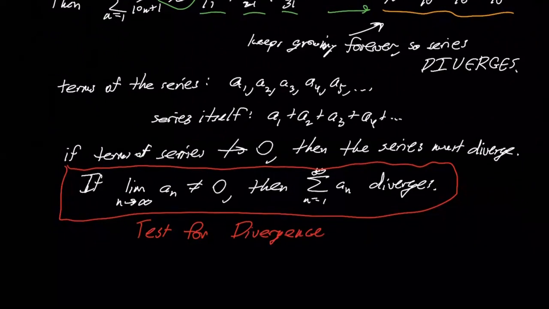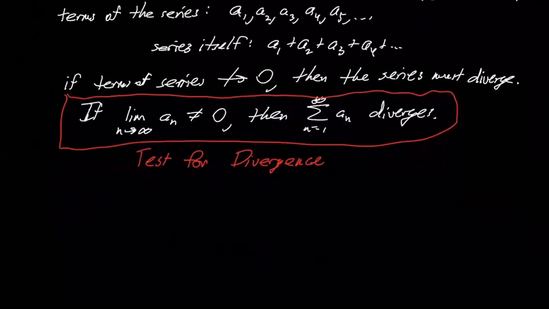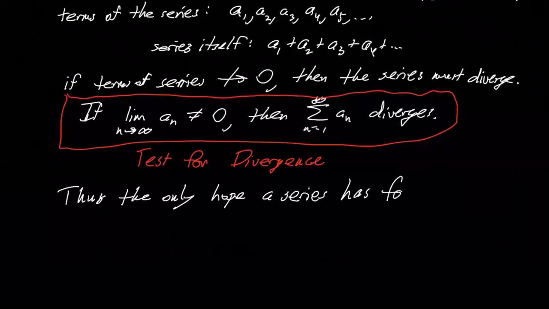So maybe I'll even write this in words. Thus, the only hope a series has for converging is if its individual terms go to 0.